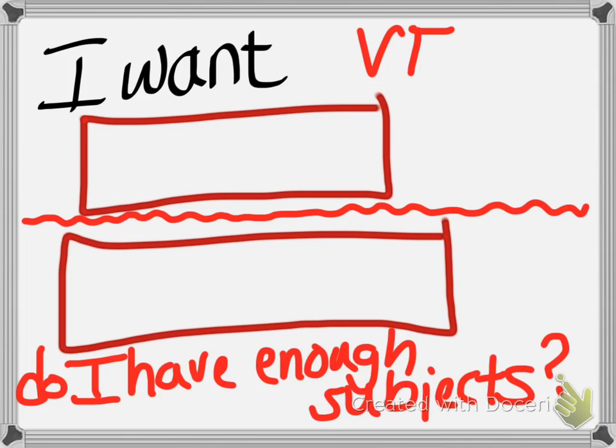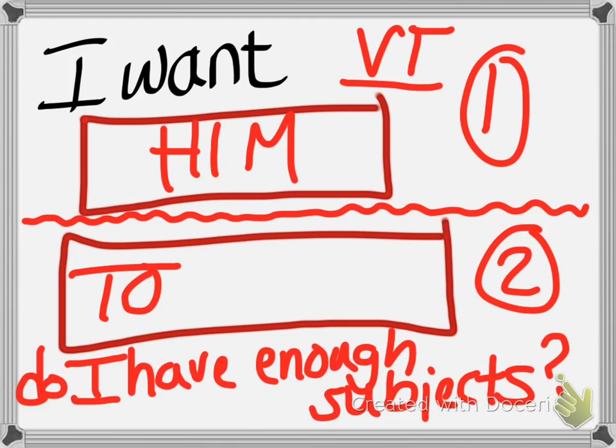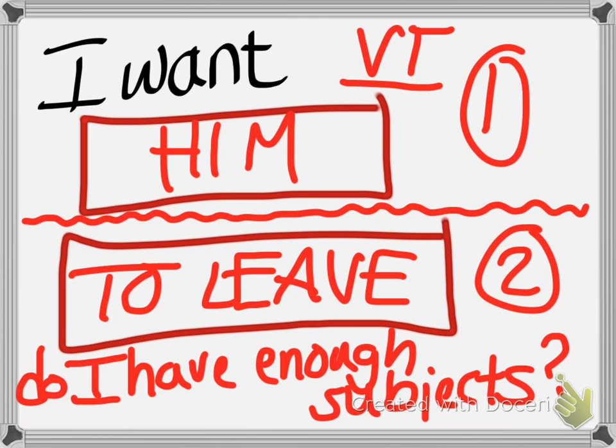Want, because it's a transitive verb, I have to complete this first before I go on to the second part. And because leave technically doesn't have a subject, because him cannot be the direct object of want and the subject of leave at the same time, I have to make this one complete before I move on to the next one.